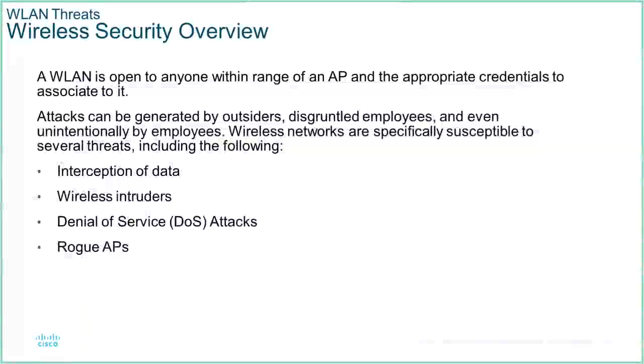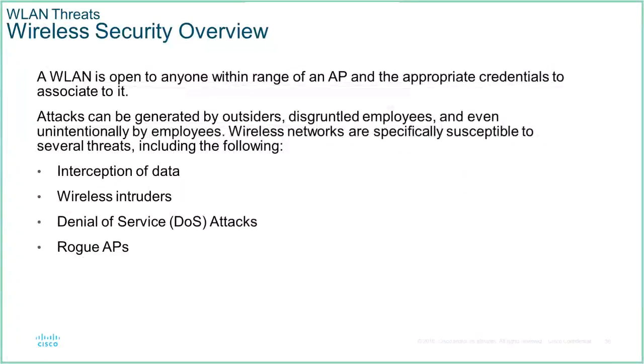Our threats are basically data interception because of it being wireless. It's a radio. You tune into the radio with the right equipment, you can hear the messages. Other devices can join in if it's not secured properly.